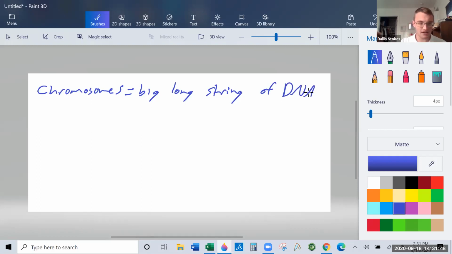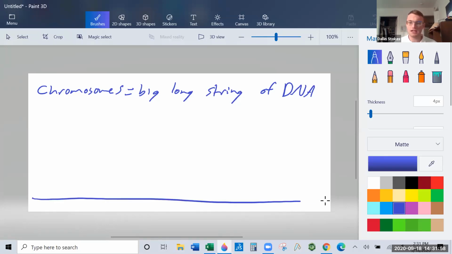And it's got genes on it and all sorts of things like that. That's an oversimplified definition, but that's basically what a chromosome is: a big long string of DNA. In humans, we have 46 of these. So there are 46 pieces of DNA inside the nucleus of every cell in your body. And we'll go and explore more about those later.